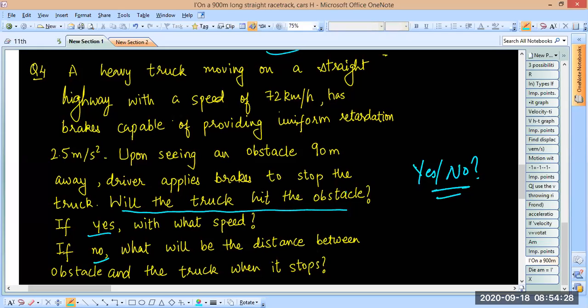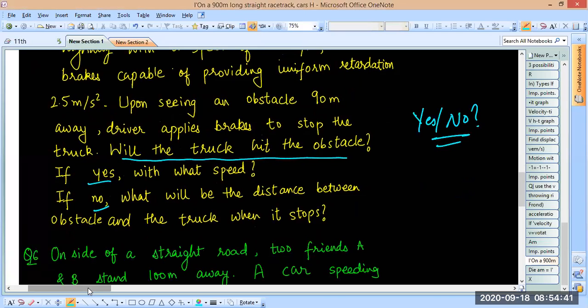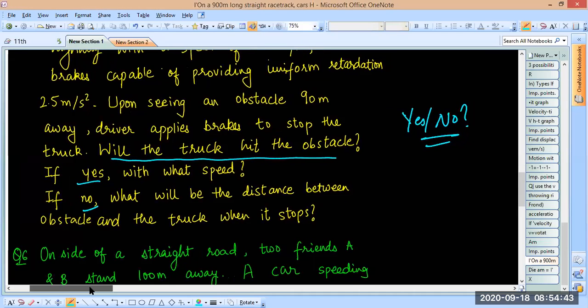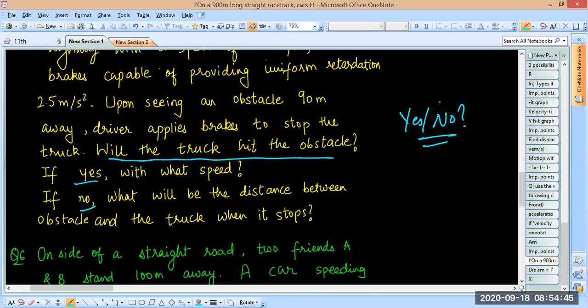Fine. So all of you are saying it is not hitting, right? Many of you are saying not hitting. Some of you are saying it will hit, right? So those who are saying it will not hit, how much will be the distance between the truck and obstacle?